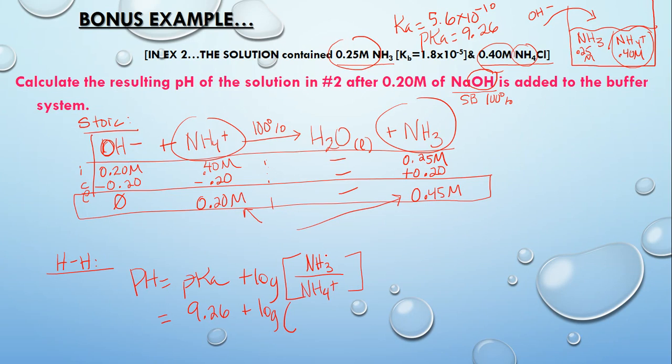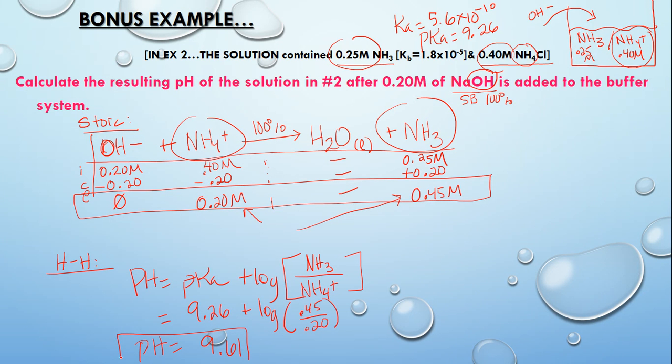The ammonia concentration is 0.45. The ammonium ion concentration is 0.20. So now we're going to have that the pH is equal to 9.26 plus the log of 0.45 over 0.20. And that gave me 9.61.